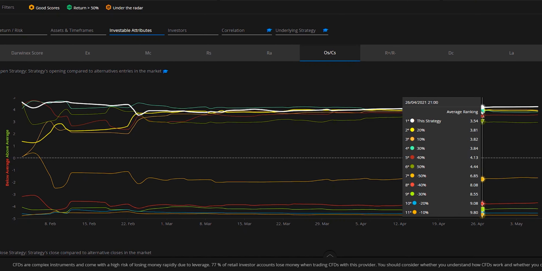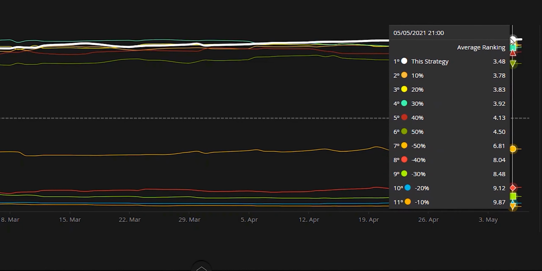Now, for this particular strategy, you can see that the white line is right at the top at the moment. And this means that the open strategy timing is pretty much spot on. The next best is if the trader were to open the trades 10% later, then 20%, then 30%, as you can see.